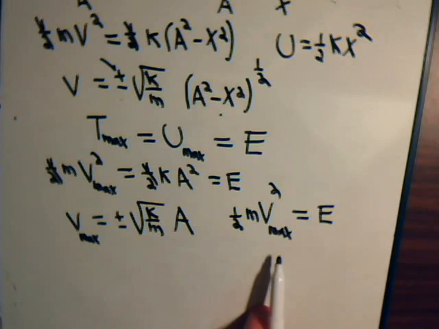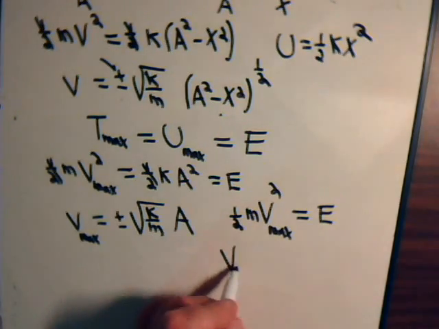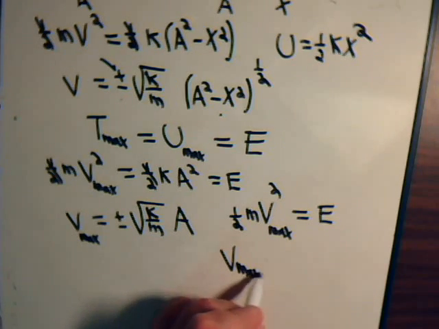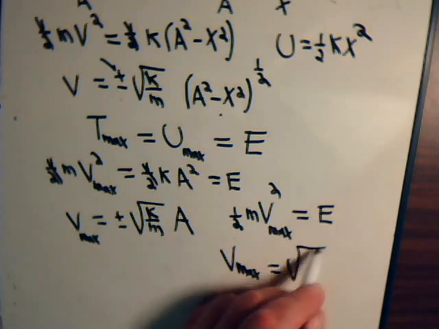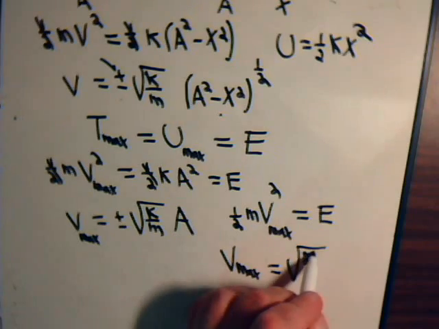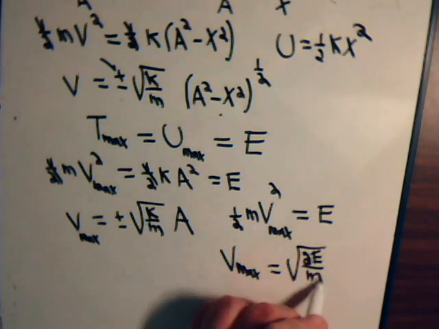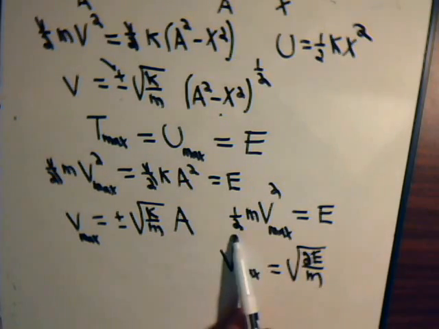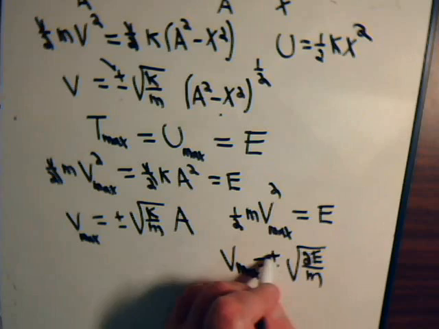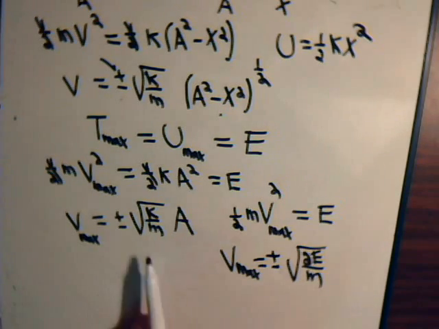So from this then we would have that v maximum equals the square root of 2 times E over m. This is m over 2, 2 over m, take the square root, and it'll be plus or minus, depending upon which direction we're going. But anyway, here are then two expressions for the maximum velocity for the block.